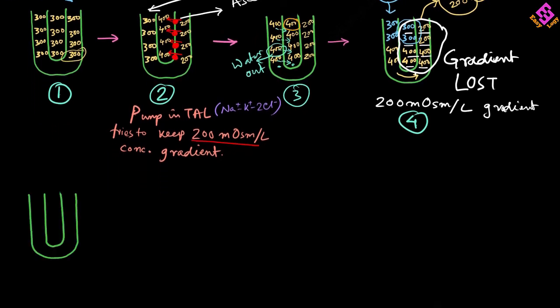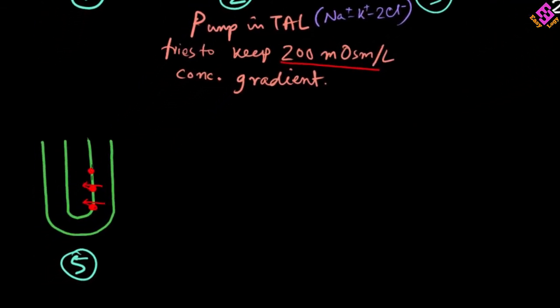So in 5th step we draw the pump here. So the pump is active now and it will actively pump out solute from the tubule to interstitium.